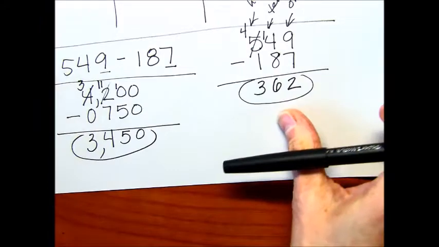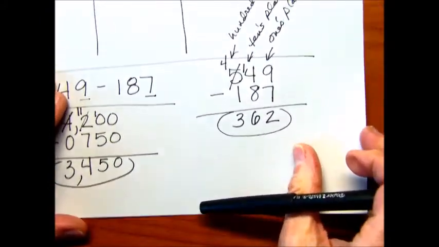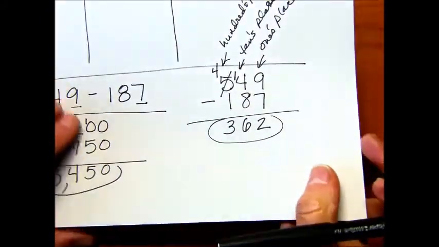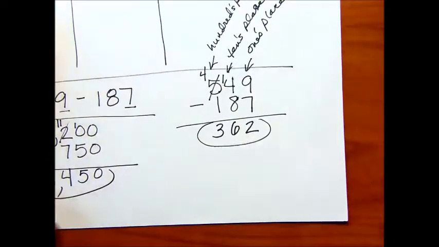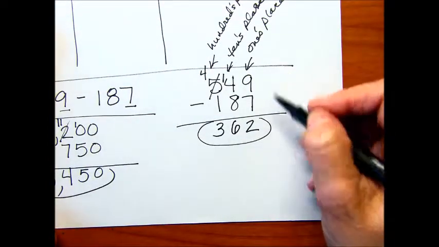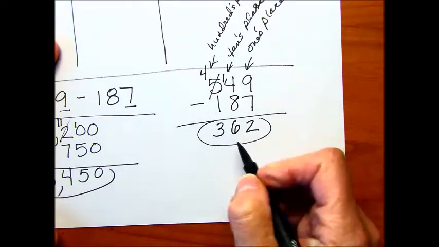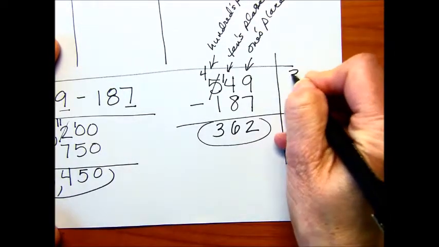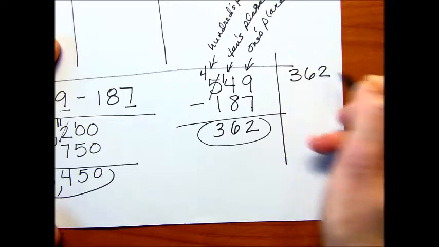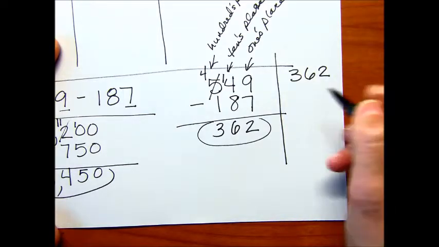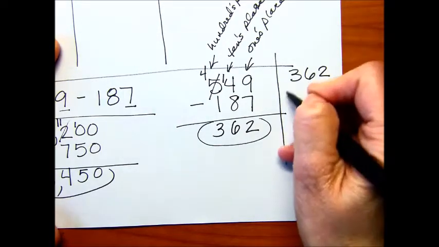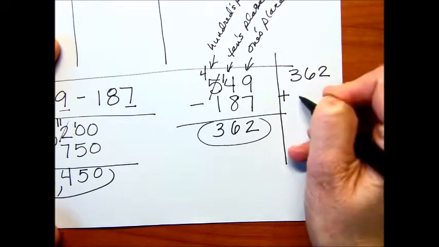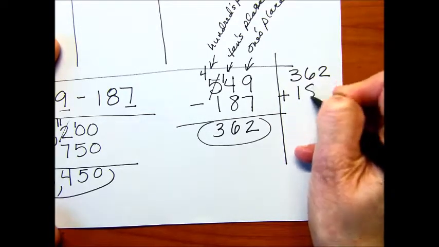Now, before I end this video, I recommend that you check your work. And the way to do that is to take the answer in your subtraction problem. So in this case here, I'm going to take 362, and from that I'm going to add 187.